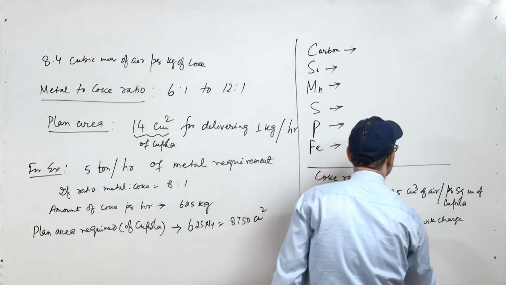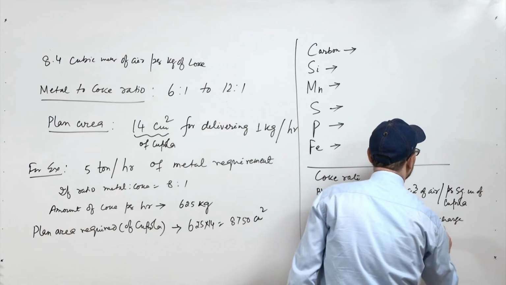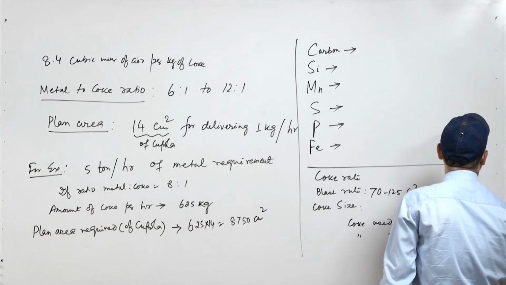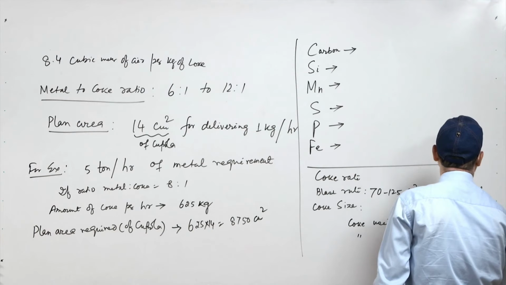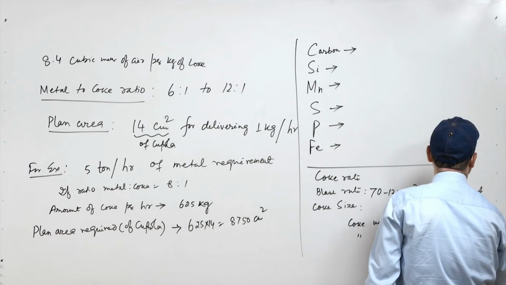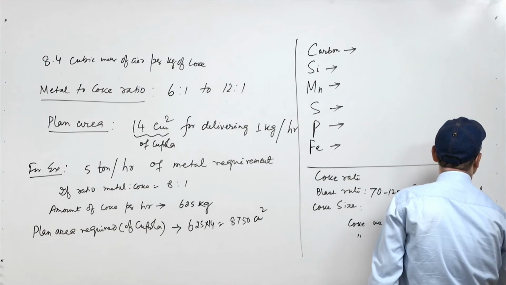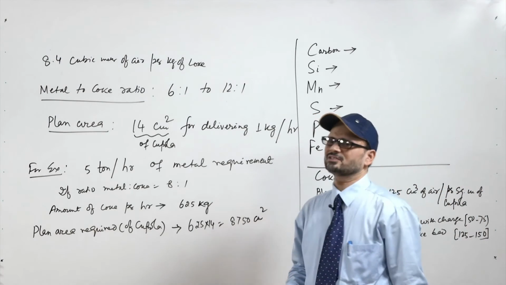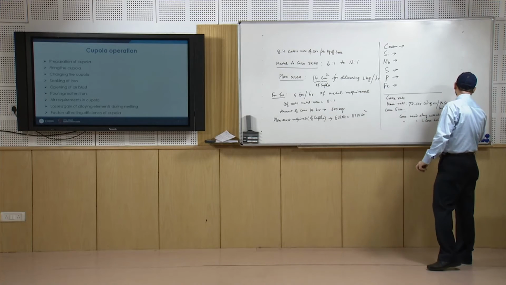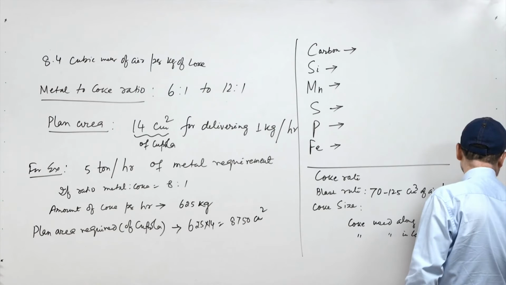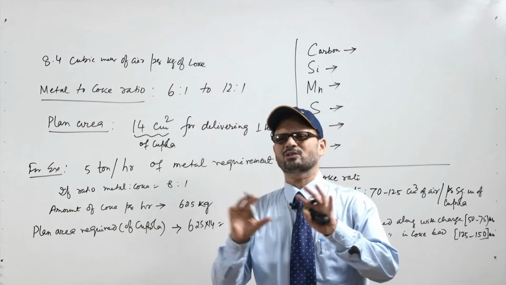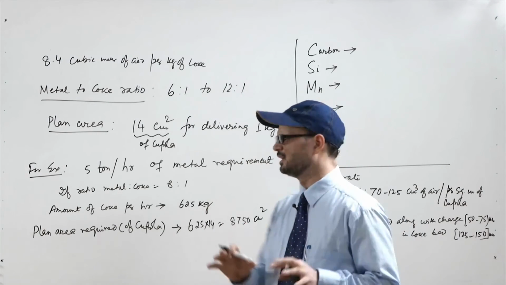It will vary from 50 to 75 for the charge, and 125 to 150 for the bed. Normally this is in mm, that is the diameter of the coke normally used.